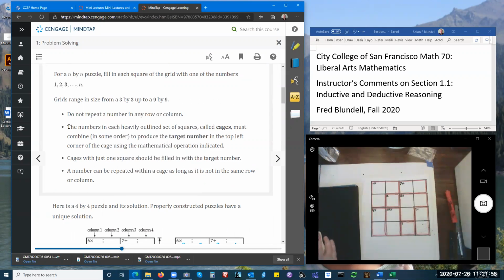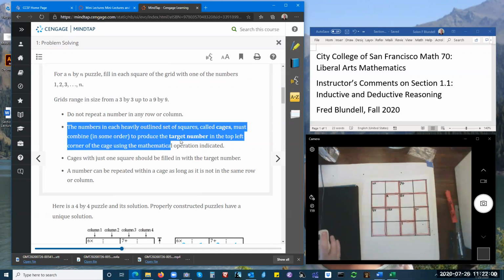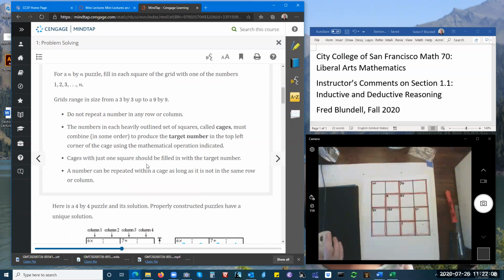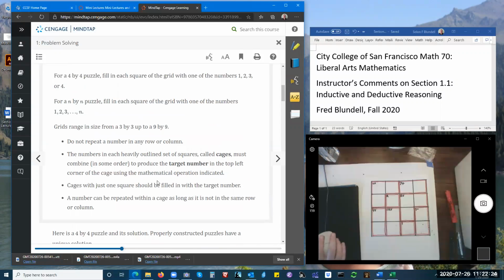The numbers in the cage have to add or multiply, have to combine to make the target number. And cages that have just one number in them, you just put the number in there. And a number can be repeated within a cage so long as it's not in the same row or column. Okay.